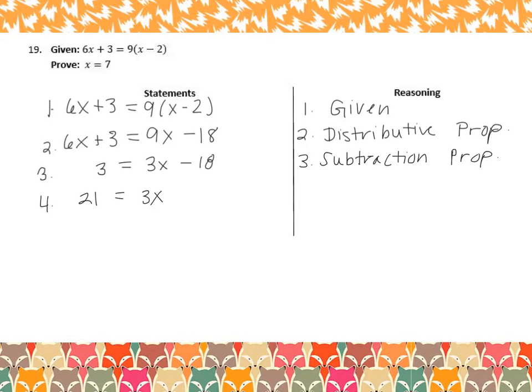Again, I'm not showing my work, but you're welcome to show your work elsewhere, just not in the proof itself. What did I just do? I added the same thing to both sides, and that's the addition property.